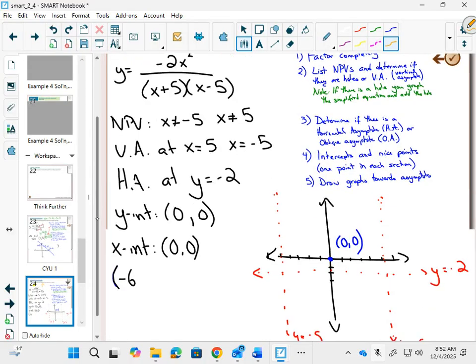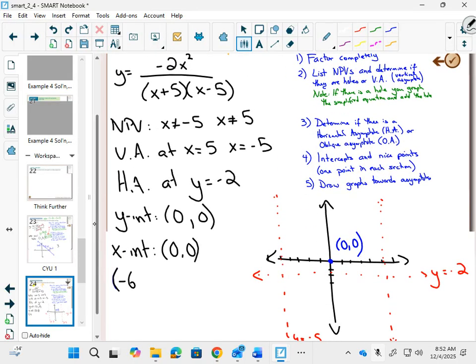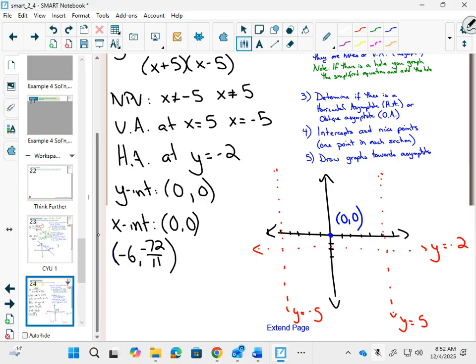Okay? So I get -72 over 11. Mental math, can you see that's going to be -6 point something? 4, 5, 6, 7. I'm going to go to my graph and put that point on there: (-6, -72/11). And that's enough to say this section looks like this.